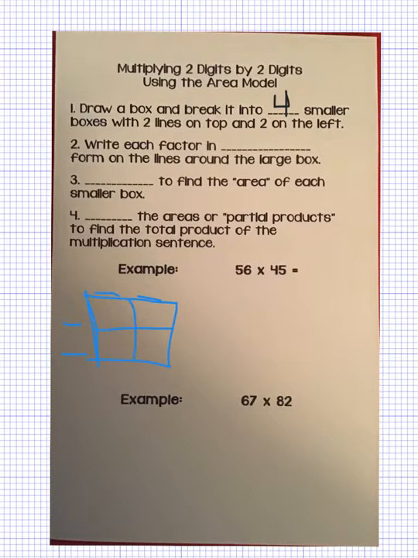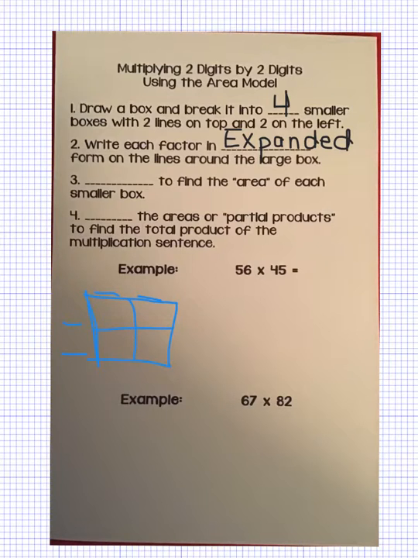direction says write each factor in, when we do the area model, what do we do it in? We do it in expanded form. So we're going to write expanded here. Expanded, remember, that's that stretched out form.